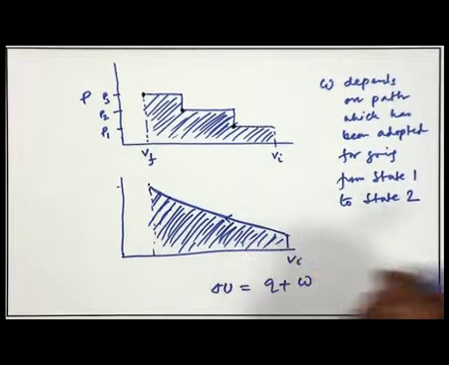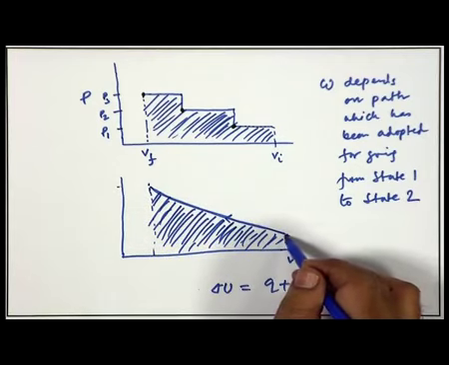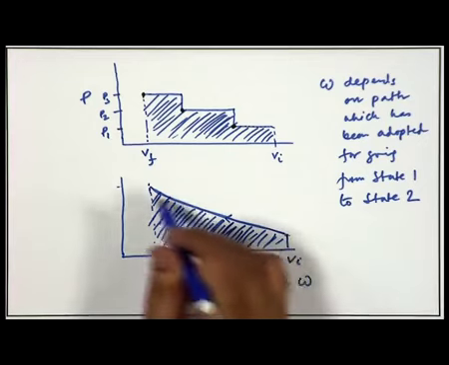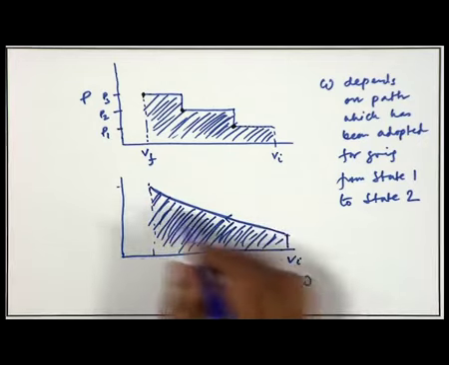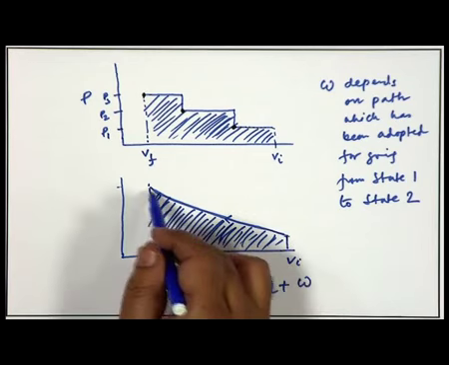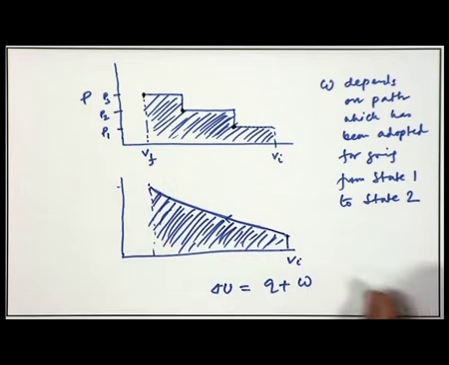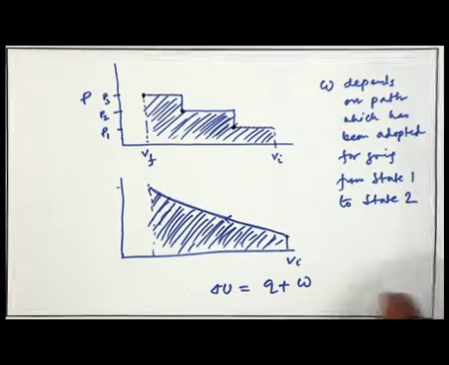Now, in this case where we are changing the pressure continuously in infinitesimally small quantities, so that we can draw a continuous line between the initial state and the final state, this process is called a reversible process.